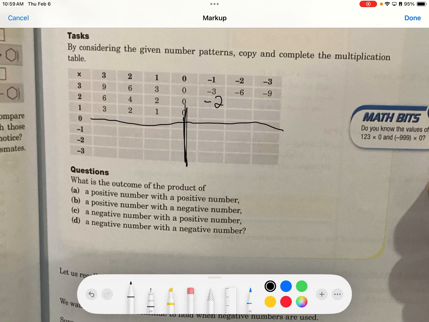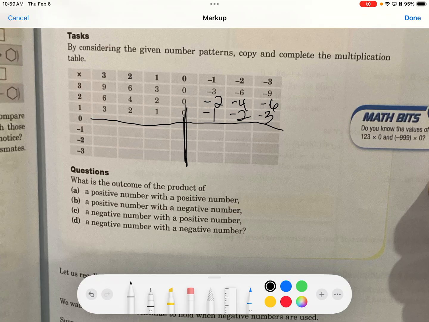Negative 2 times 2 is negative 4. Negative 3 times 2 is negative 6. Negative 1 times 1 is negative 1. Negative 2 times 1 is negative 2. Negative 3 times 1 is negative 3.